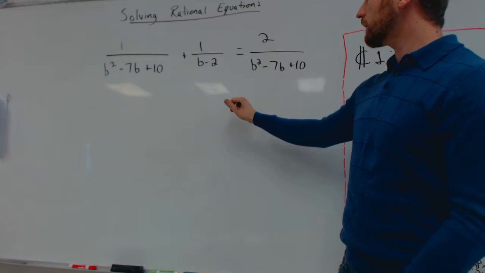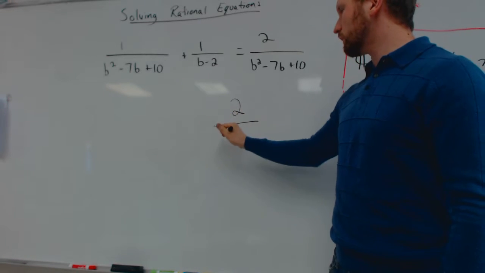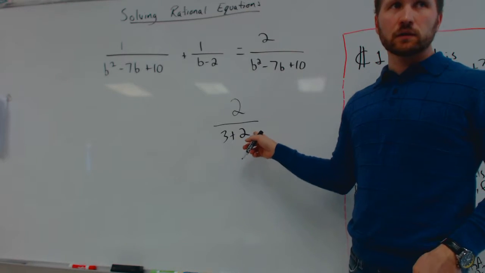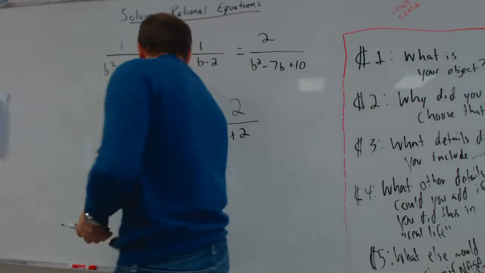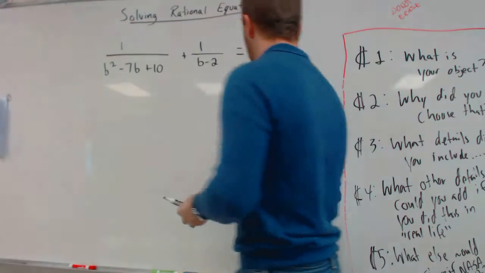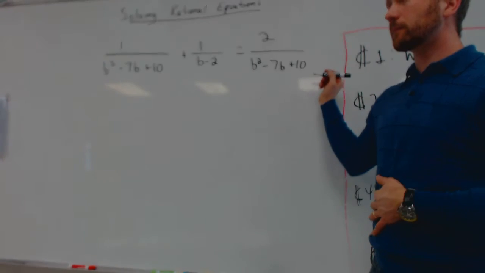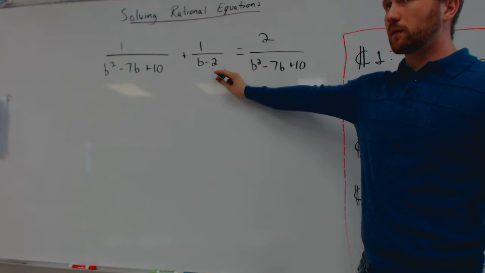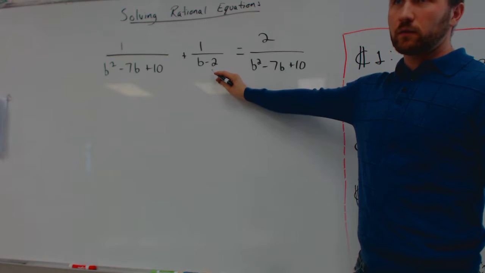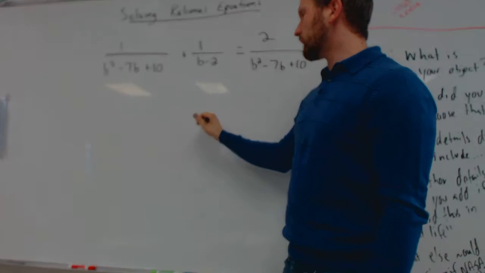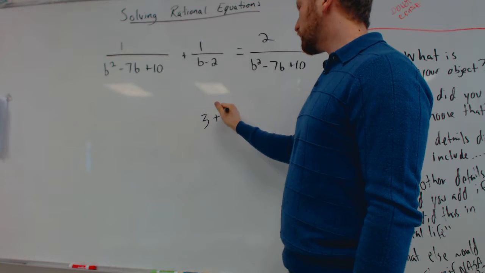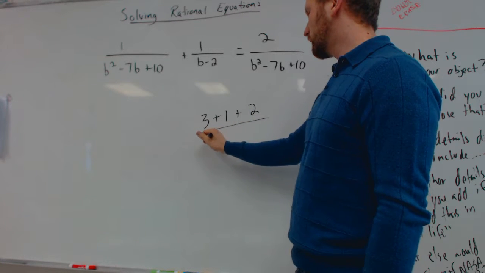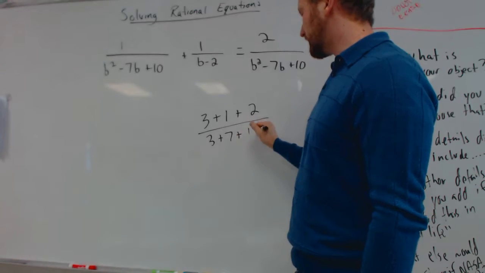That's like saying, could I cancel this 2 over 3 plus 2? Could I cancel these 2? When you multiply everything by b squared minus 7b plus 10, and that second term right there, can't you cancel the 2 with the 10? So that's like saying, could I cancel 2 over 3 plus 7 plus 10?